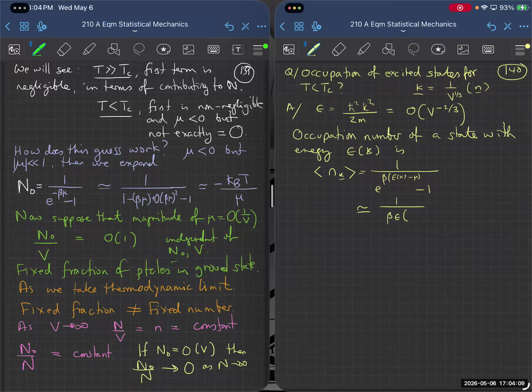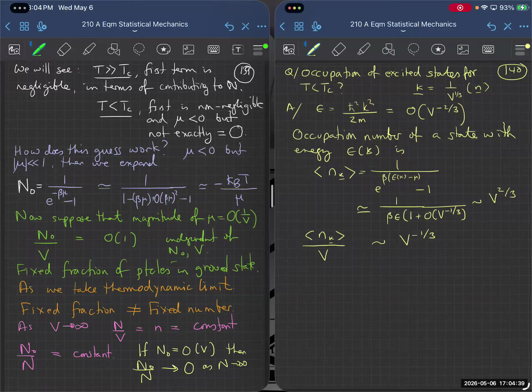So this is going to be 1 plus a term that is order V to the minus 1/3. And that then basically goes as V to the 2/3. And so therefore, the expectation value, the occupation number of any state with wave number k, n_k over V, will go as V to the minus 1/3.